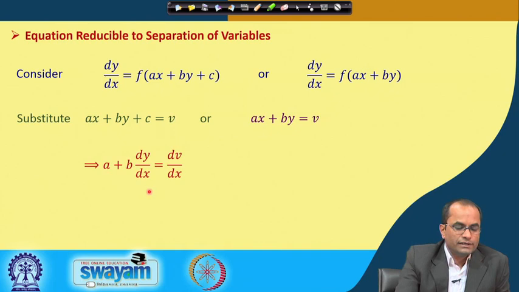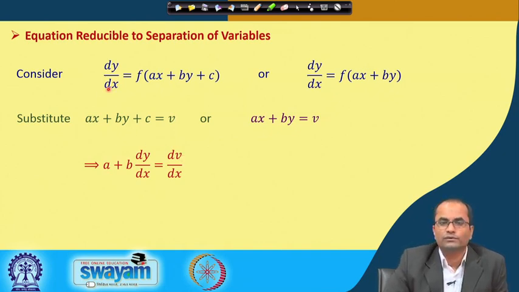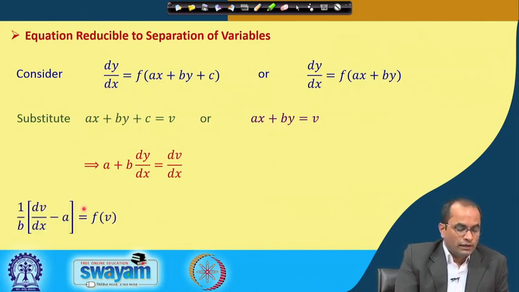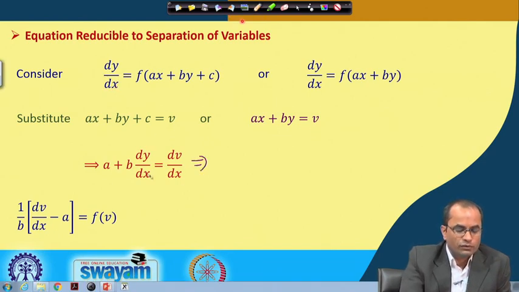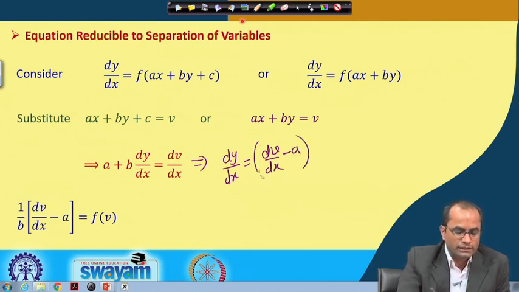Once we have this, we can substitute back into the equation, so that we get the new differential equation in v. So v is now the dependent variable, like y was earlier. If we substitute for dy over dx, from here dy over dx will be dv over dx minus a, to the right hand side, and then we need to divide also by b.